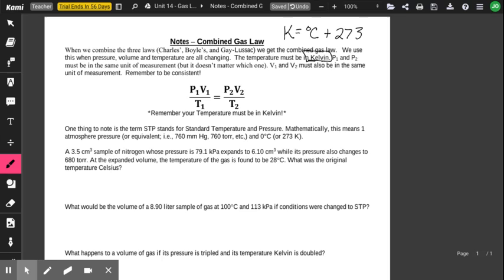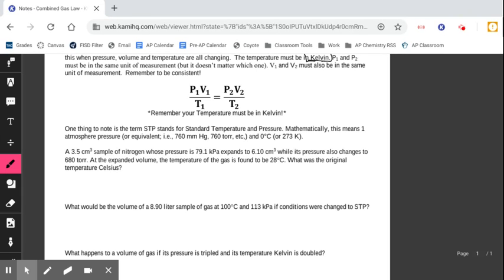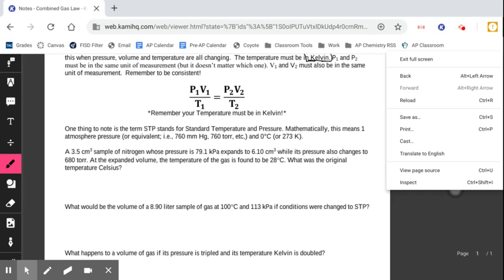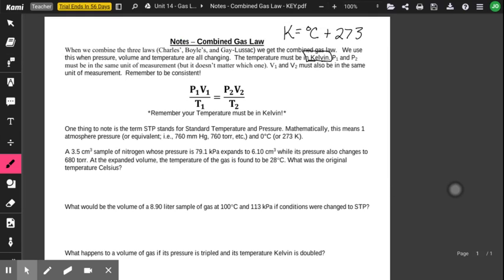Now, we're also going to be working with pressure. An important thing to remember with pressure is that you need to be in the same unit. Every single time you need to be in the same unit. In making sure that you're in the same unit for pressure, if you've got your old periodic table that we gave you towards the beginning of the year, those conversions are on there.